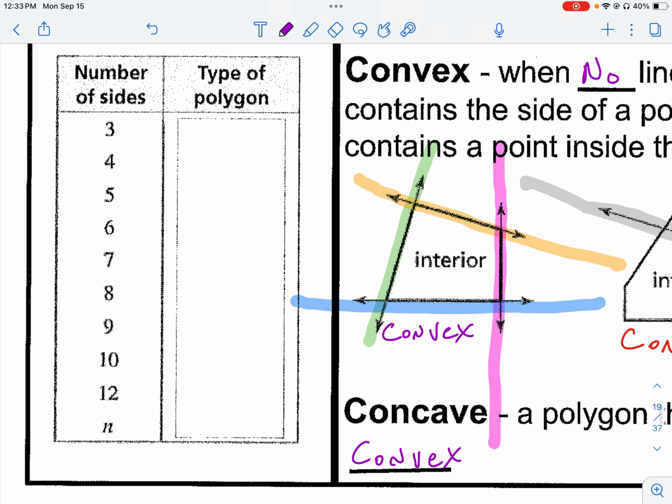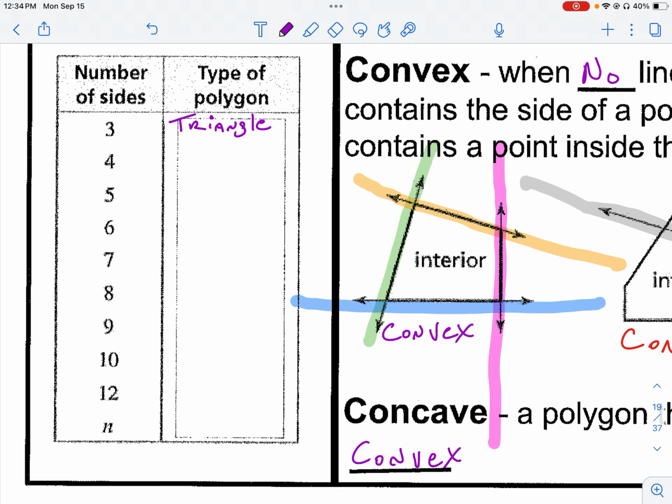All right, so then after we figure out if they're convex or concave, we want to name them by the number of sides they have. So if it's got three sides, which is the minimum, it's a triangle, which most of us should already be familiar with.